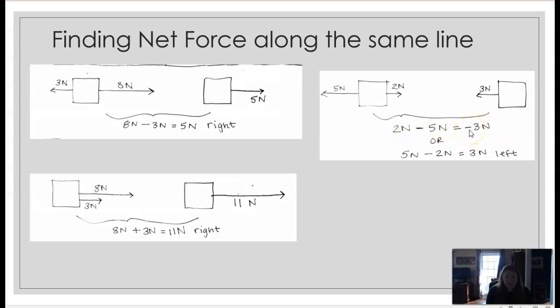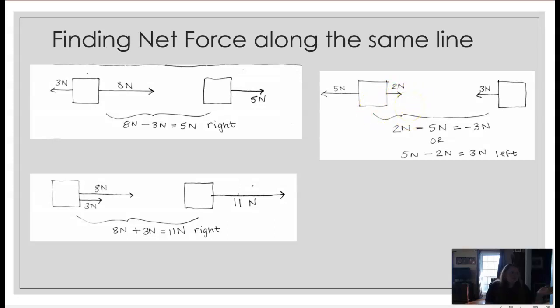Now what does that negative indicate? The negative tells me the net force is to the left. So here I have 3 newtons left over pulling to the left. Pretty simple. Now, if you want to do bigger minus smaller, I wouldn't recommend it because I always go right minus left, but you can.